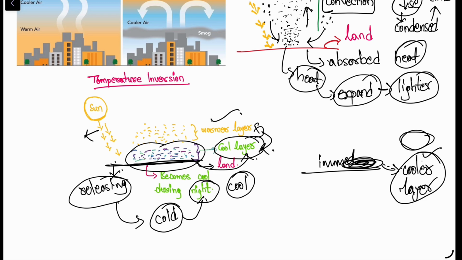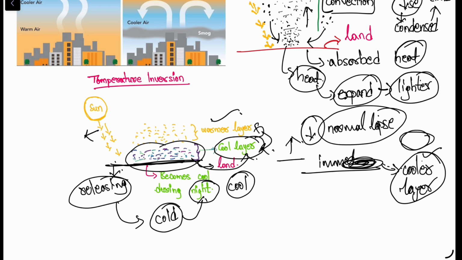So when we travel from the surface to the upper atmosphere, normally what happens? The temperature will decrease, right? That is called the normal lapse rate. But what is happening here? When we travel above the earth surface, immediately we see the temperature decreased, and after that we see the temperature increased.